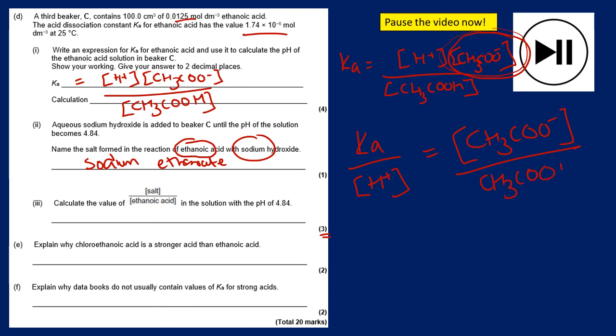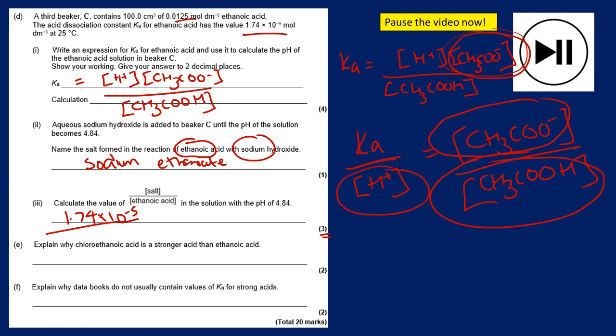And that is the ratio they are asking for. This is the salt and this is the acid. So they want the ratio of the salt over the acid. So what we actually need to do here is the Ka value divided by H plus. Now, we know the Ka value because we've been given it in the question, which is 1.74 times 10 to the minus 5.